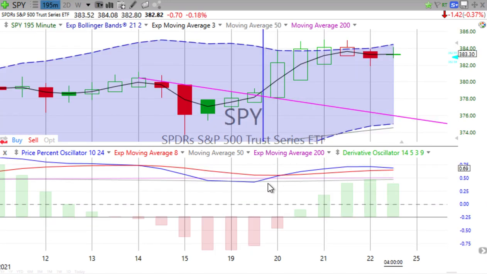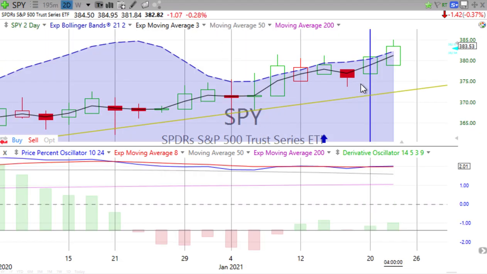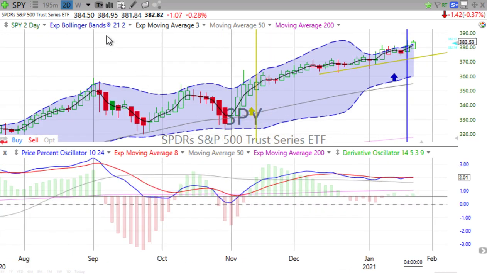We see where after the crossover on the two-day, things booming up and then sort of petering off over the last day and a half. And again, as we look at the price percent oscillator, it has started losing some energy. Derivative oscillator losing a little bit of energy also. But we'll continue to track that two-day recross going up and see how far along that takes us.